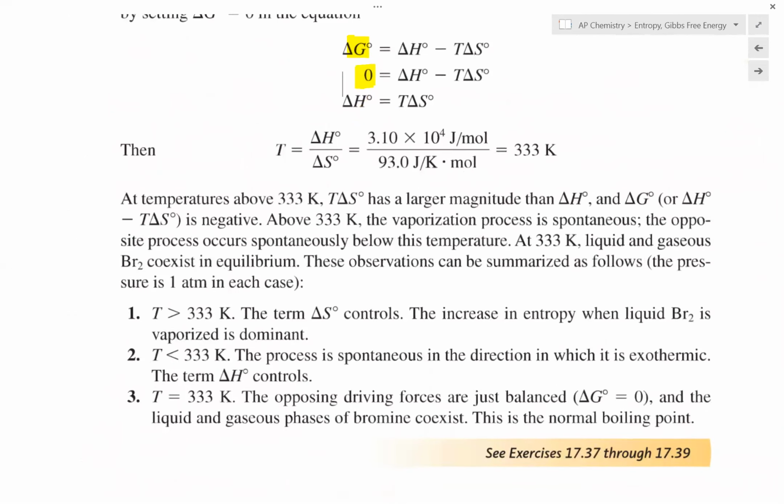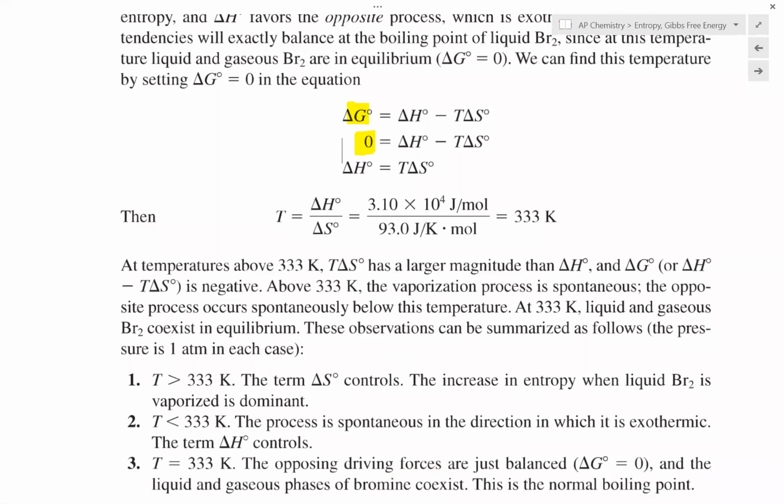That is something I want you to be aware of in regards to connecting different ideas from the past and how they apply to the equations they give you.